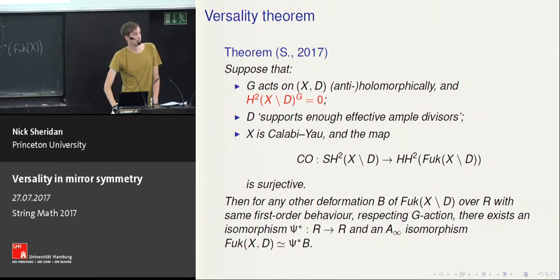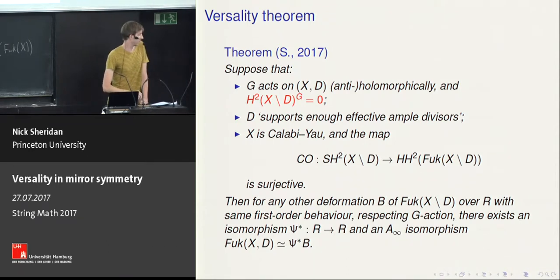I'm assuming that all the morphism spaces are free. The way I really apply this is by looking at some specific subcategory of the categories on both sides and matching those up.